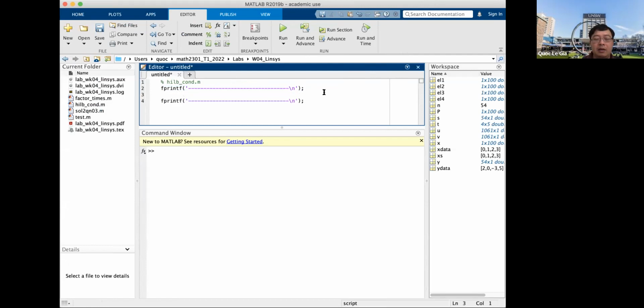And in the middle you have n and the condition number. This one just prints out the first 3 lines of the table.